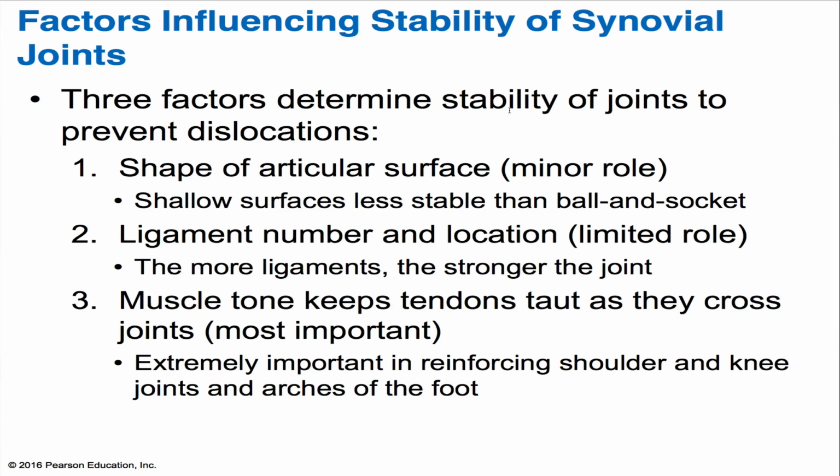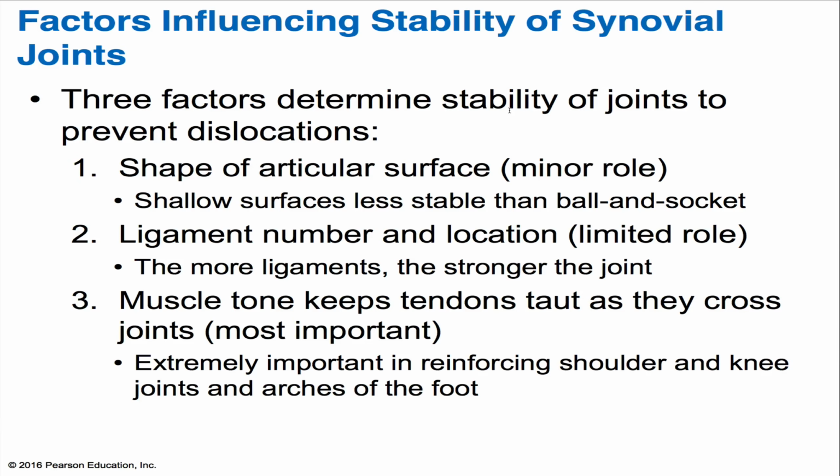Now, because joints are constantly stretched and compressed, we have to worry about dislocating them. So they need to be stabilized. Earlier on we talked about the three things that stabilize the joint. So let's talk a little bit more about it in detail now. The first thing is the shape of the articular surface. Now, this plays a role, but not a major role in stability.